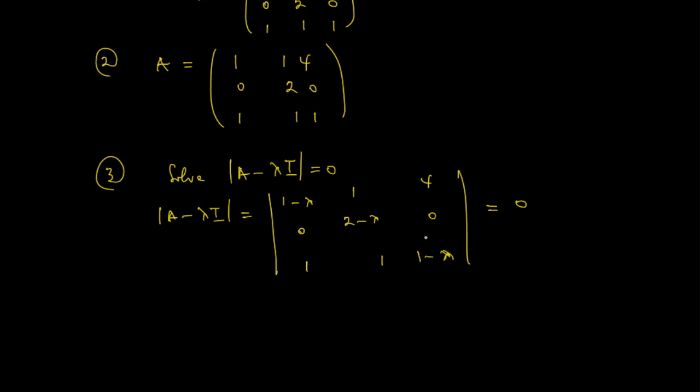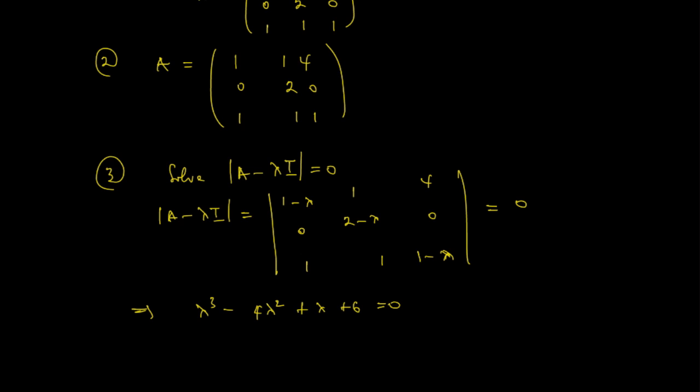By the time we find the determinant of this whole matrix, what we obtain is lambda cubed minus 4 lambda squared, I hope my calculator is not failing me here, plus lambda plus 6 equals 0.